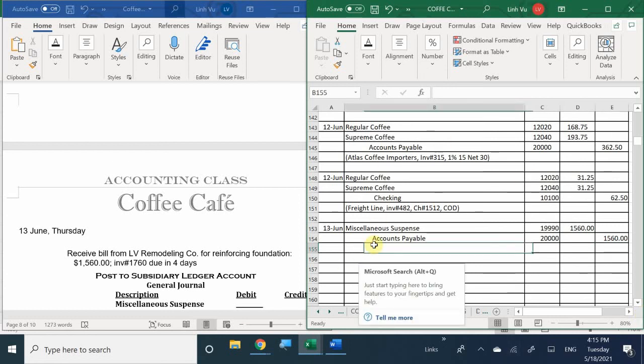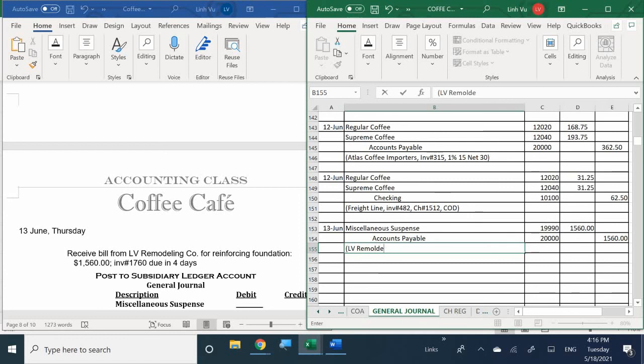So we have the bill, who billed us, LV Remodeling. We have an invoice number, 1760. We have a bill due date, that 4.